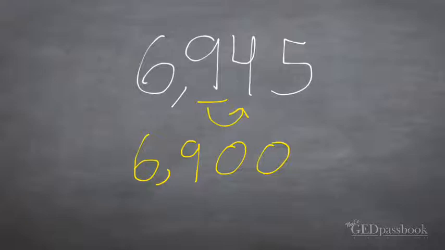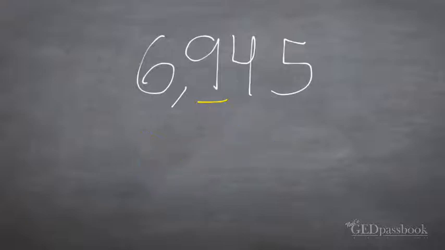Now comes another tricky one. All right, so here it comes. You ready? Round 6,945 to the nearest 10,000s. So tell me, where's the 10,000s place?